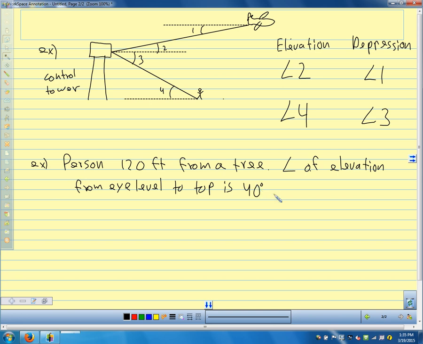And we know that the person's eye level is 5 feet above the ground. And we want to know how tall is the tree.